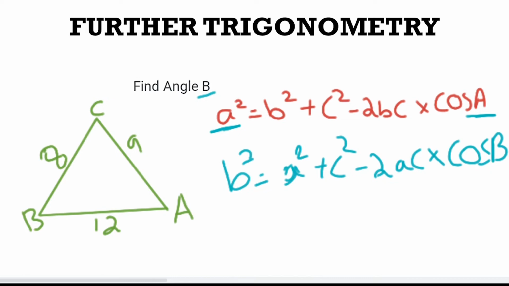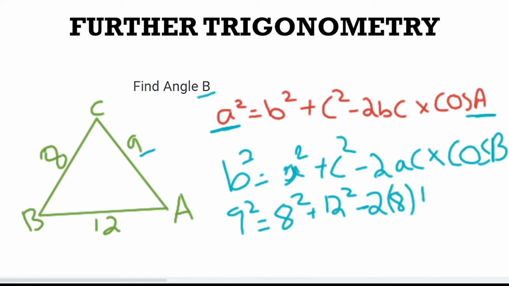The B value is 9. So 9 square is equal to A is 8, so 8 square, and C is 12, so 12 square, minus 2 times A is 8 and C is 12, multiplied by cos B. So next we will solve the squares.